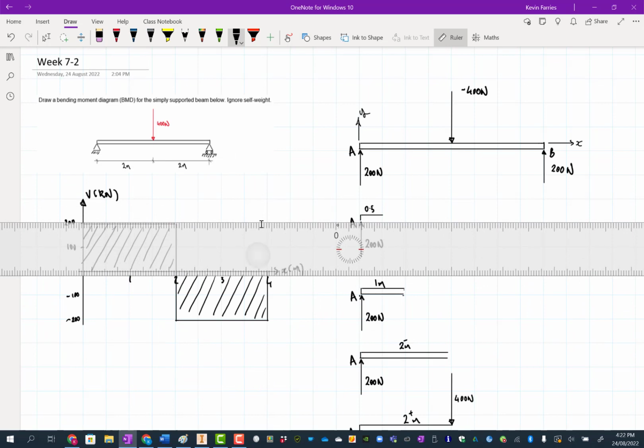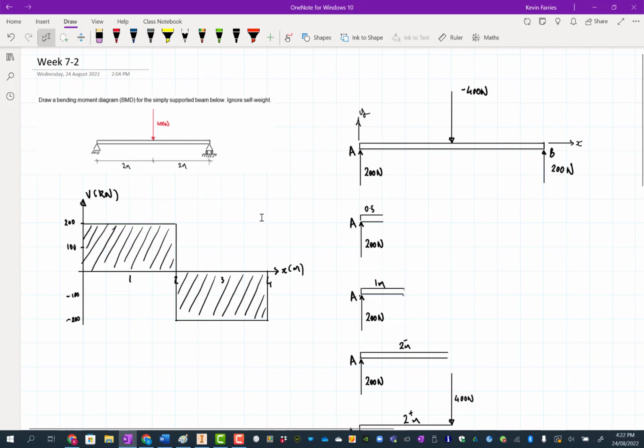I don't know if you've ever heard the phrase of using a sledgehammer to crack a walnut, but that's basically what the method of sections is when we're doing this type of problem. Remember back in week 2 we were finding the internal forces at a given point. The shear force diagram is just finding the internal forces at a point for every point.